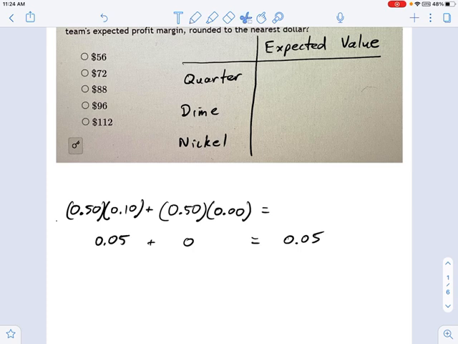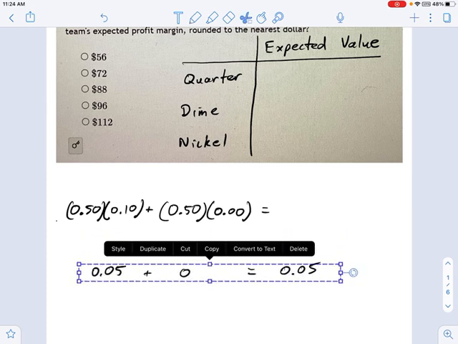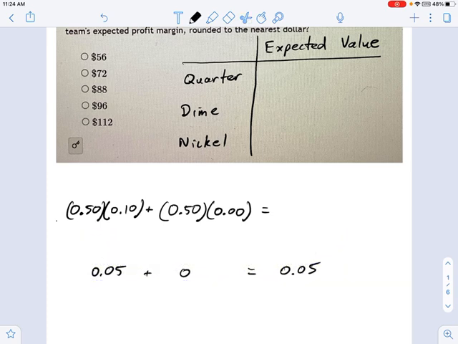Now, another way to do this, and this will save us a little bit of time in making equations, is just to say my expected value is equal to the winnings plus the losings, and take the average, because half the time it'll be one, half the time it'll be the other. This is going to give us the same result, 0.05.